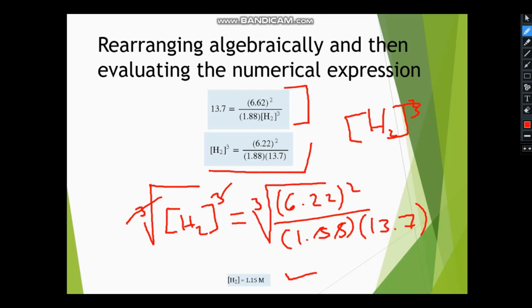So for you to see if this answer is correct, in your equilibrium constant expression, you can replace 1.15 where there is the concentration of hydrogen. If after solving it gives you 13.7 as the equilibrium constant, then your mathematics was correct.